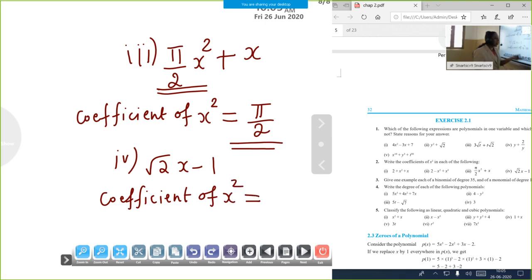In this expression there is no x square, so that means the coefficient of x square is 0. Because in this expression there is only x, there is no x square. So what is the coefficient of x square? 0. So I think it is clear for you what is the coefficient. A variable together with one number there, that number we take as coefficient.